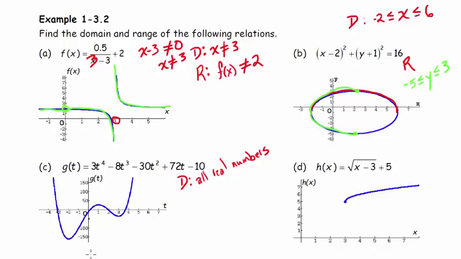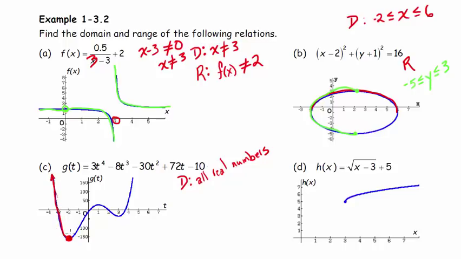Now the range, if I look up and down, do you see I don't go below this value right here, which looks like a little less than -150? And then I can go up, up, up forever.